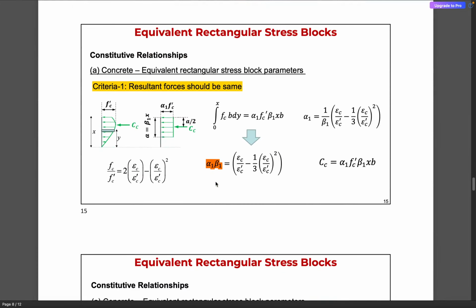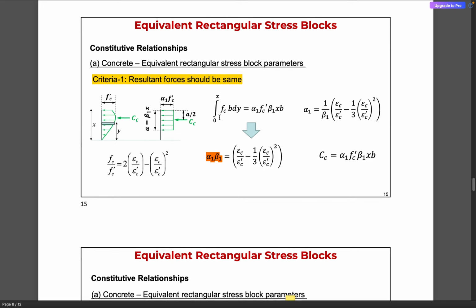So moving on, in order to obtain these parameters, that is alpha 1 and beta 1: alpha 1 corresponds to the multiplying factor that we need to incorporate along with f prime c in order to develop this equivalent stress block, and beta 1 corresponds to the factor that we need to multiply along with the neutral axis depth, that is x, which corresponds to the equivalent stress block.